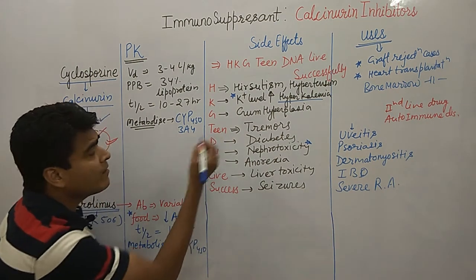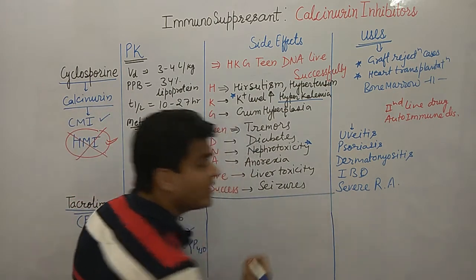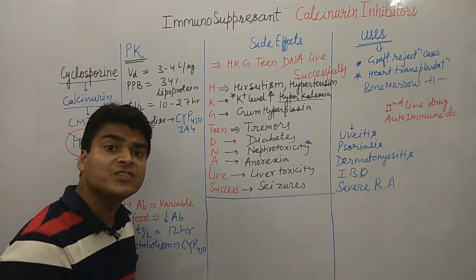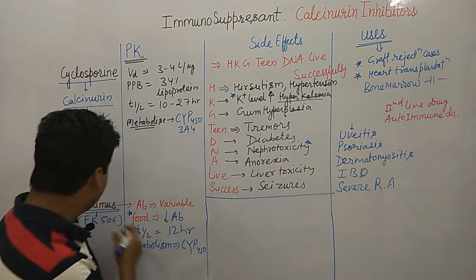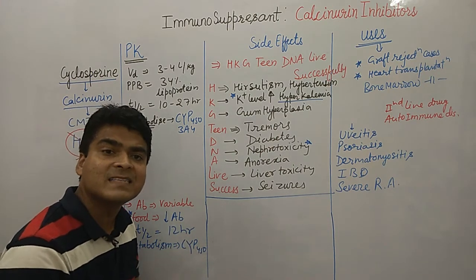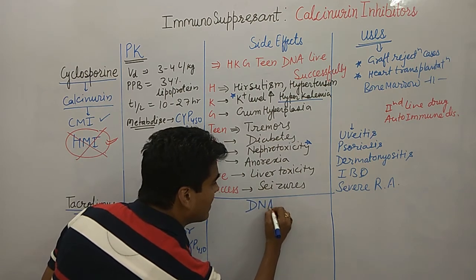If we look at the side effects of tacrolimus, what kind of side effects does it cause? Again, I am giving a punchline or mnemonic to learn the adverse events of tacrolimus, and our punchline is again the simple DNA.